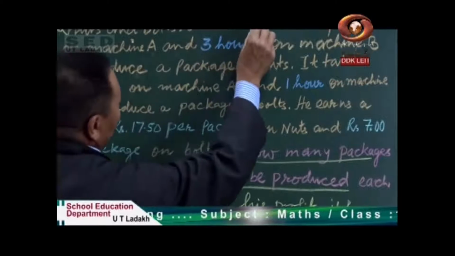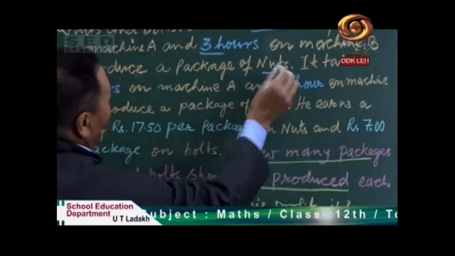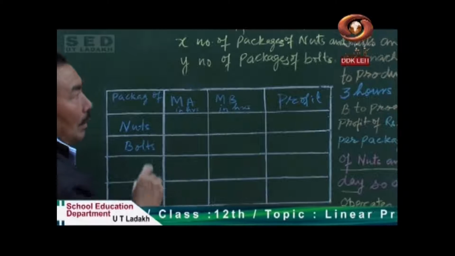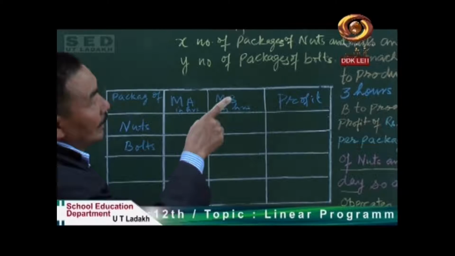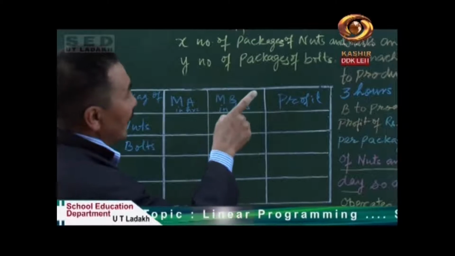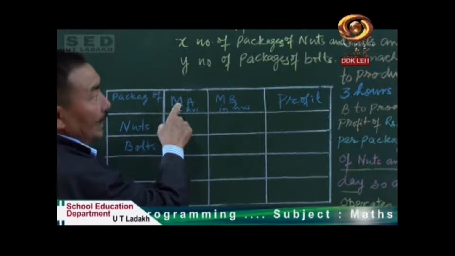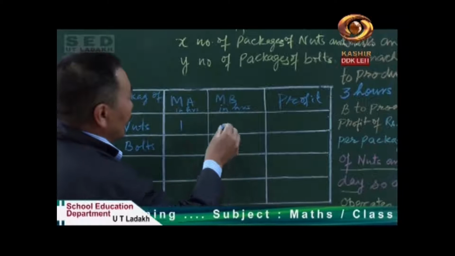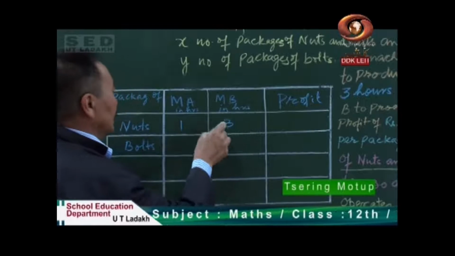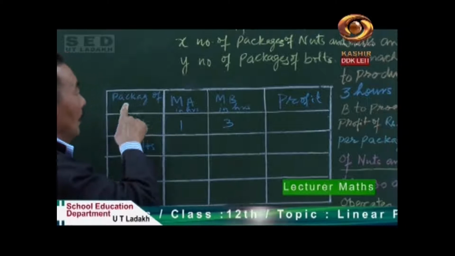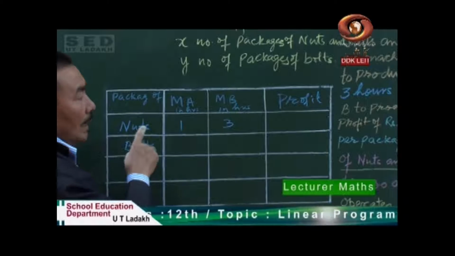So this information I have to put in the table: 1 hour on machine A and 3 hours on machine B to produce a package of nuts.